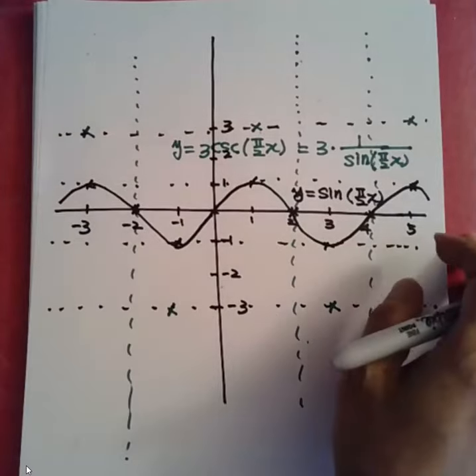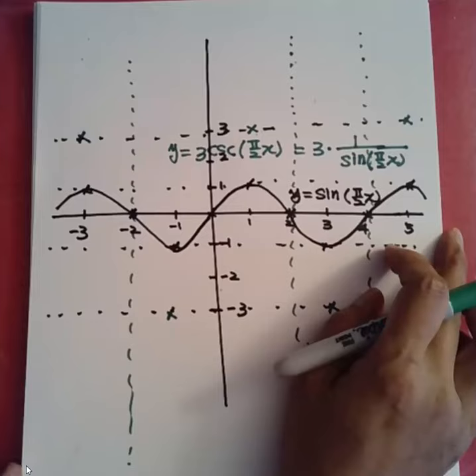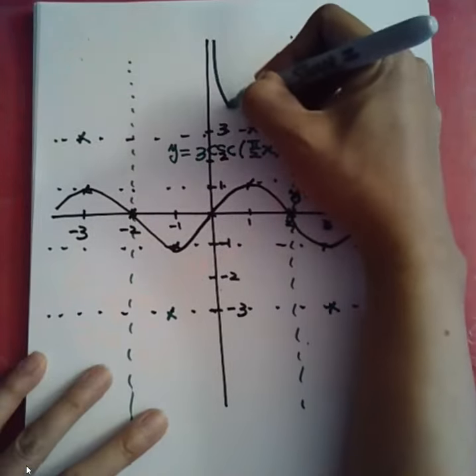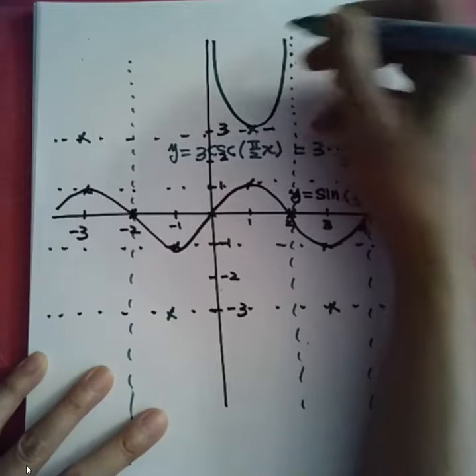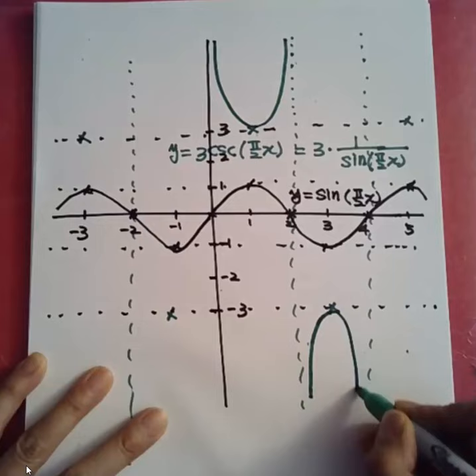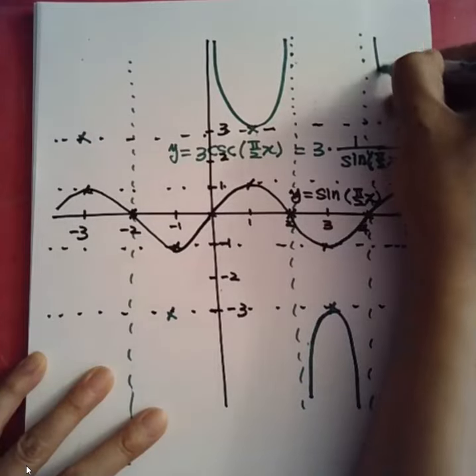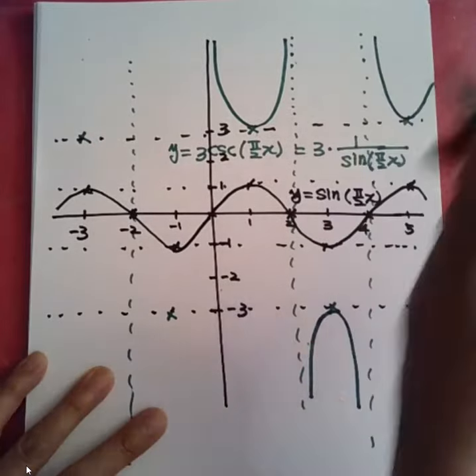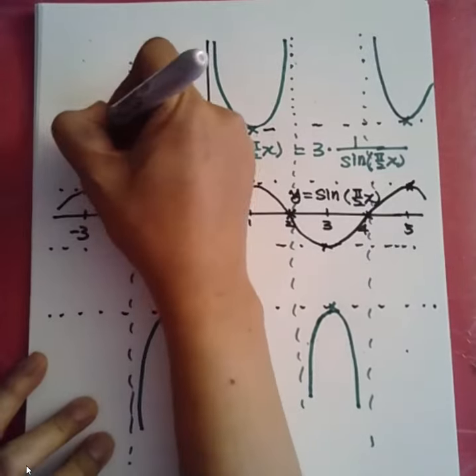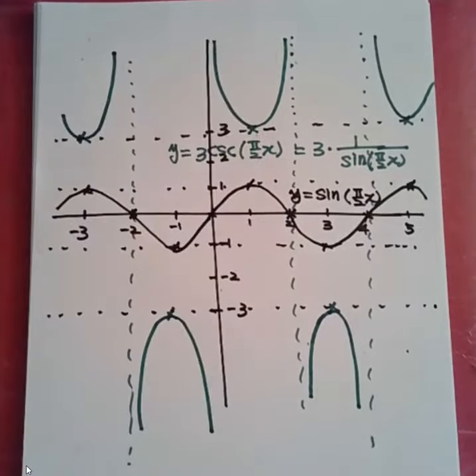After we identify the local maximum and minimum, all we have to do is flip the shape of the original function, sine of pi over 2x. The green graphs are the graph of 3 times cosecant of pi over 2x.